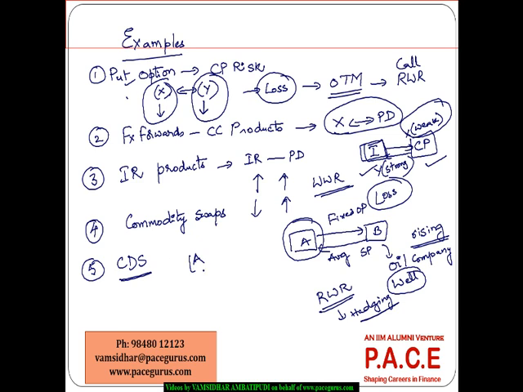So A has given a loan to B. So B is exposed to credit risk. B tried to protect itself by getting into a credit default swap with C, where C will compensate B if A defaults. Now, if A and C, both of them default together, that is where the wrong way risk is coming into picture.